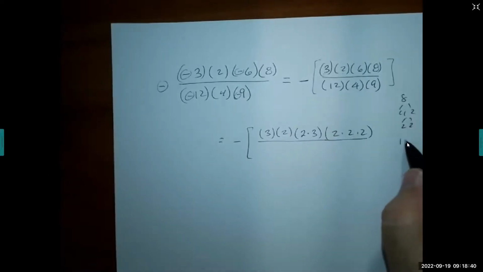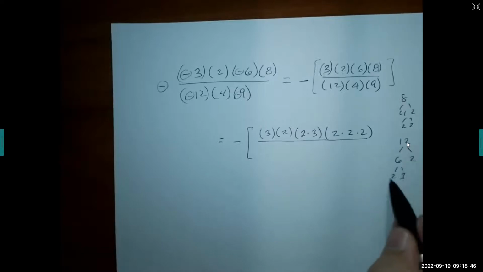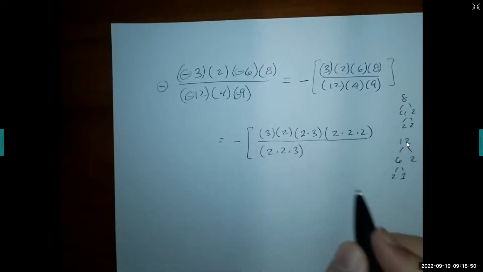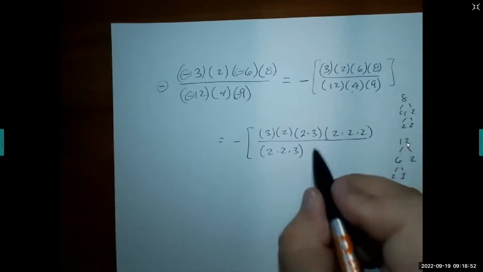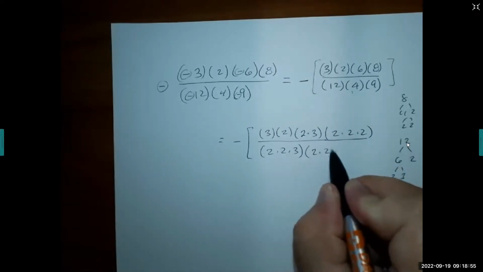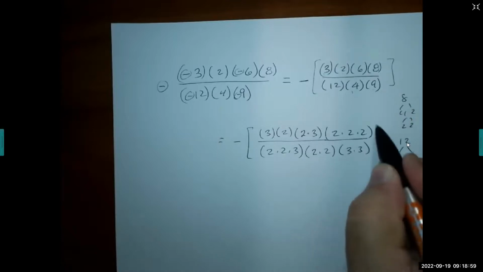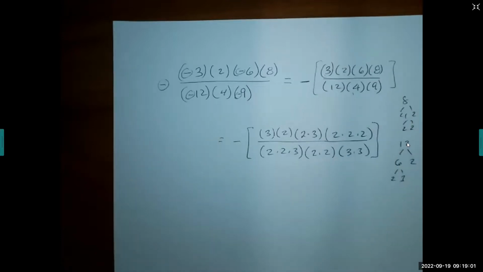How about 12? 6 times 2, 2 times 3, so it's 2, 2, 3. 4 is made up of 2 times 2. 9 is 3 times 3. What's that called? What process did we just do there? Prime factorization. Perfect.